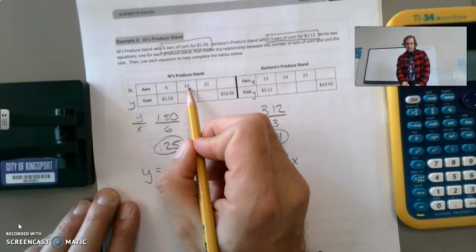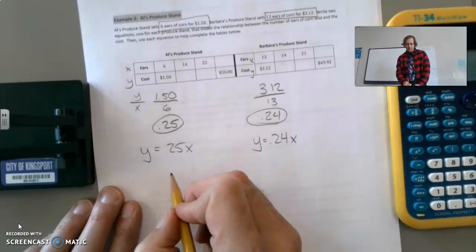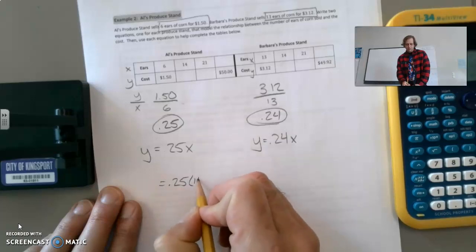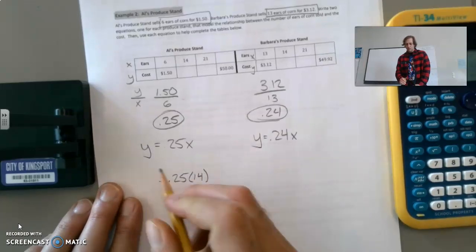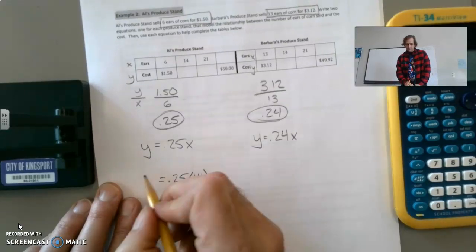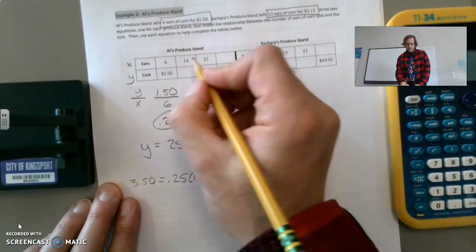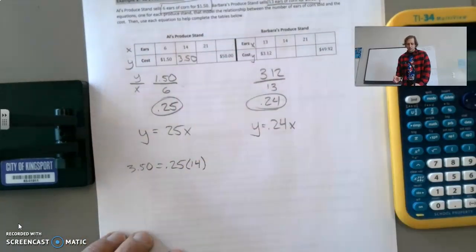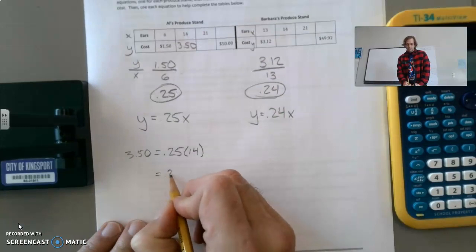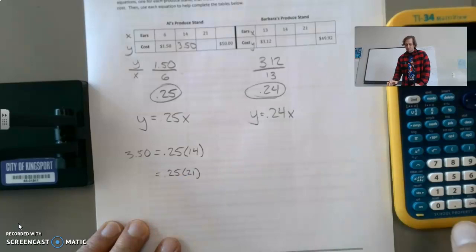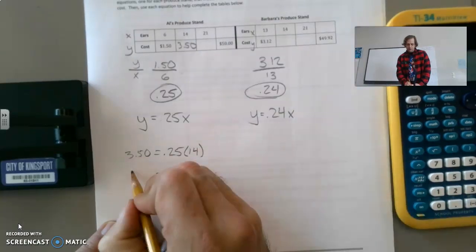Now I can use these values to complete the table. Ears is my X variable, so if I plug in 0.25 times 14, that gives me a Y value of $3.50. If I use 21 as my X variable, 25 cents times 21 is $5.25.